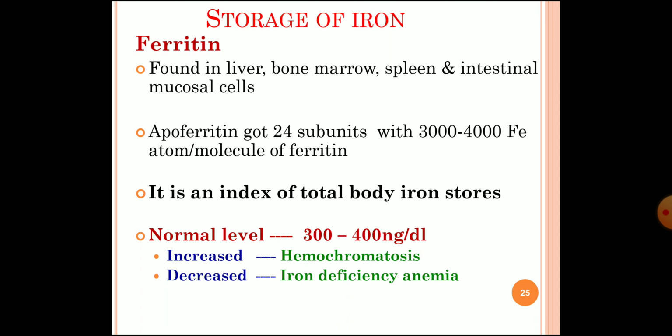So when there is a highly increased level of ferritin, that is a clue to hemochromatosis. Hemochromatosis is a condition where iron toxicity occurs, and excess iron is present. In iron deficiency anemia, there is a decreased level of ferritin.